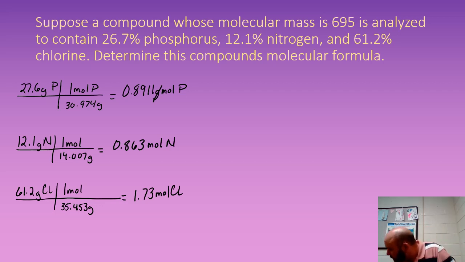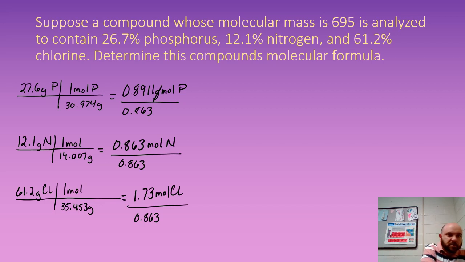So I will divide each by 0.863. I will see this first one is approximately 1, the second one is approximately 1, and then the third one is approximately 2.